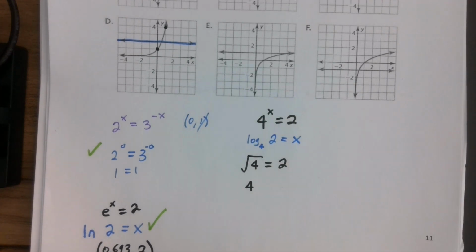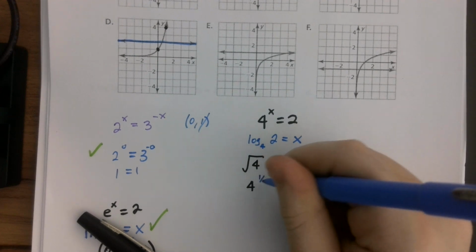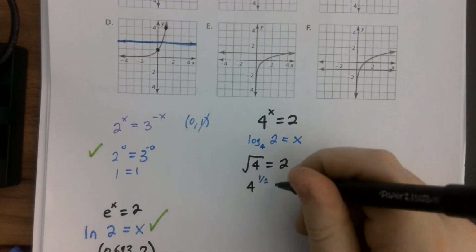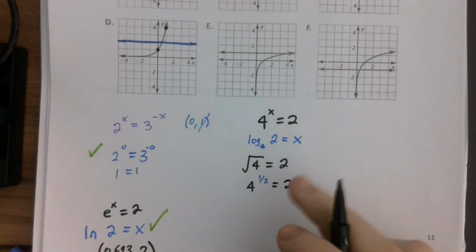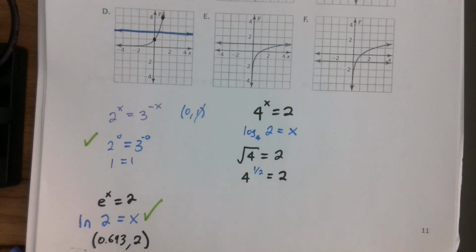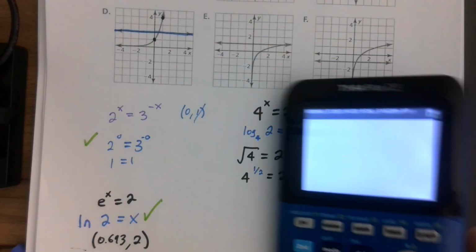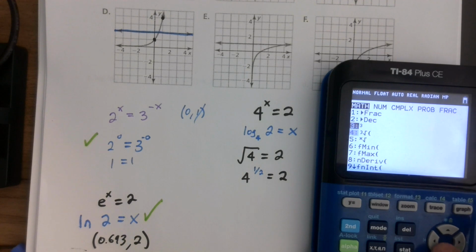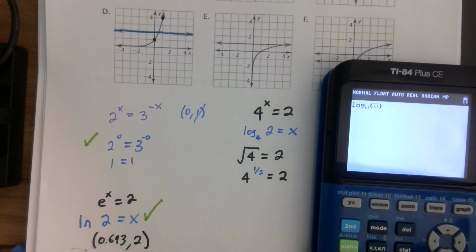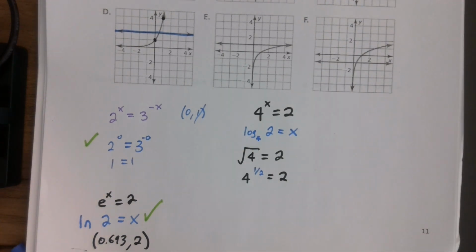Recall that 4 to the 1/2 power is the same as the square root of 4. X is 1/2. And just so we can check, let's put in that logarithm in our calculators. We go down to log base. Log base 4 of 2 equals 0.5, 1/2. So we could solve this one by hand, by being a little bit clever with it.